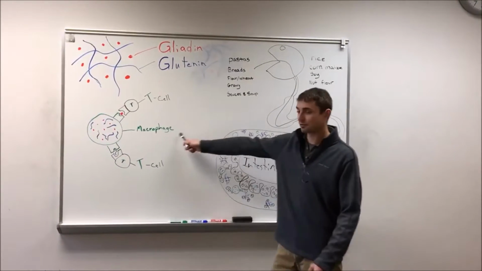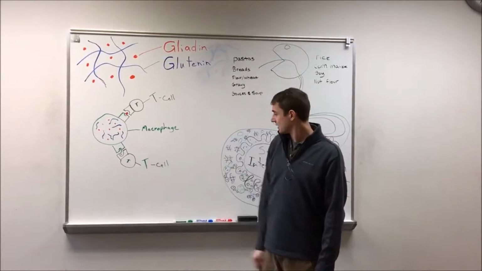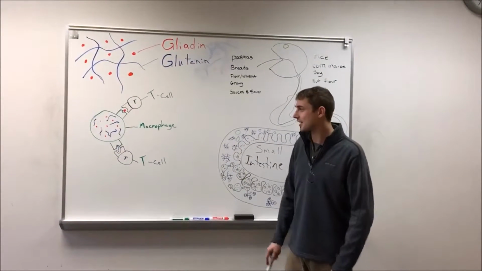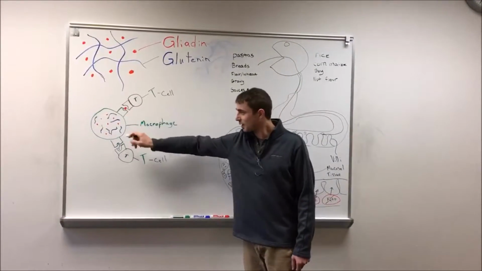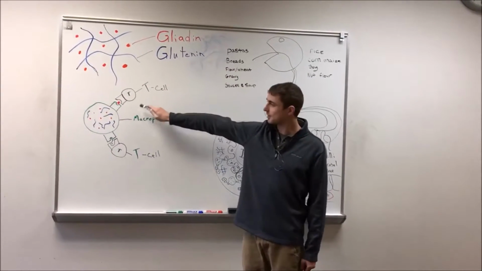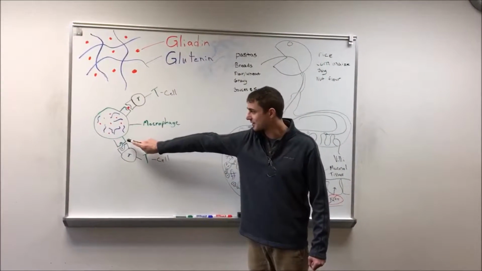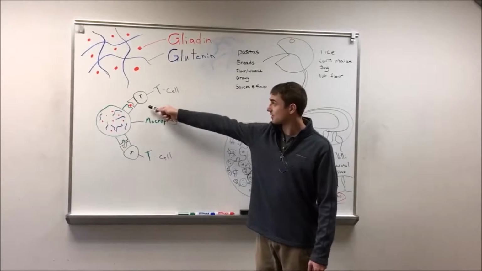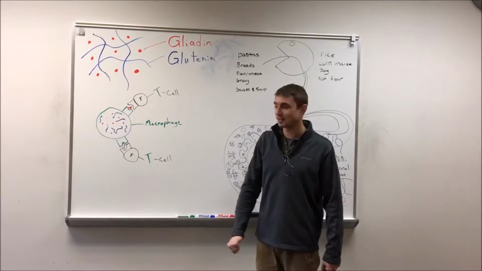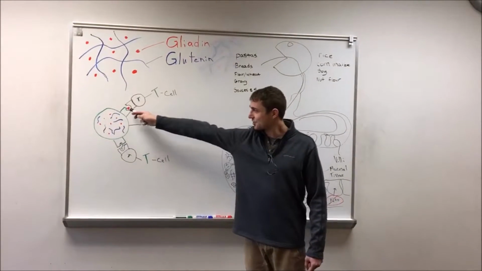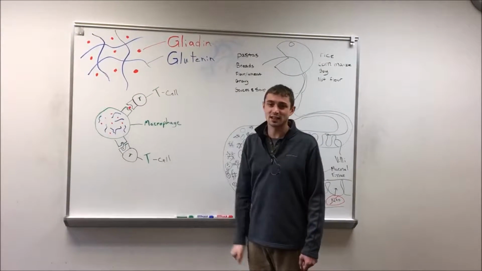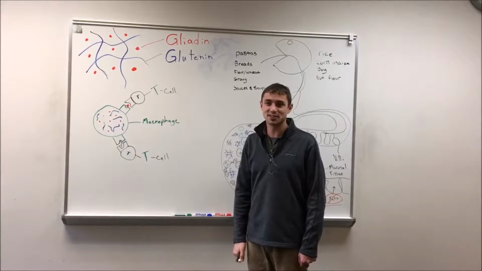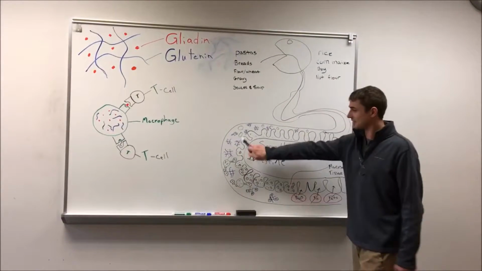When macrophages detect this excess gluten in the small intestine, they engulf it, break it up, and display single protein antibodies on the exterior. These are detected by T cells from the body's immune system, and they attach to these single protein antibodies and begin to target the gluten molecules in the small intestine.